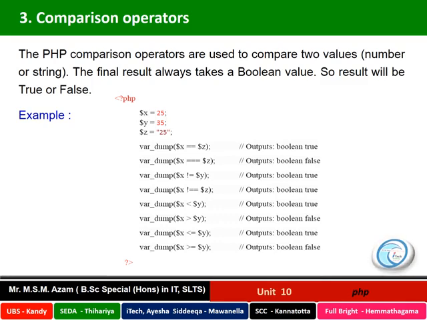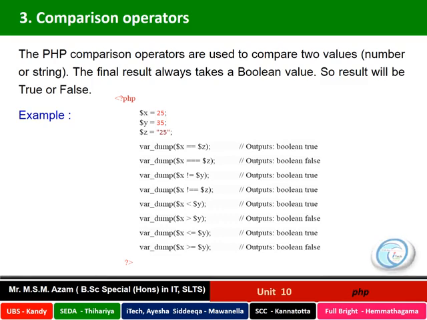Second, var_dump($x === $z). That means here we have to check whether the value of variable x and the value of variable z are equal, and also check that the data types of variable x and variable z are the same. The value of x is 25, the value of z is also 25, so their values are equal.